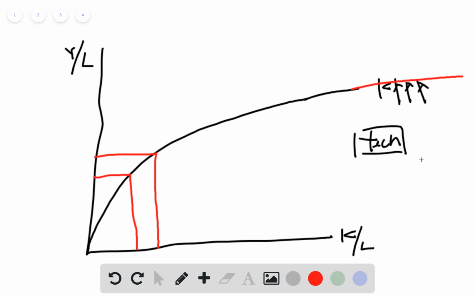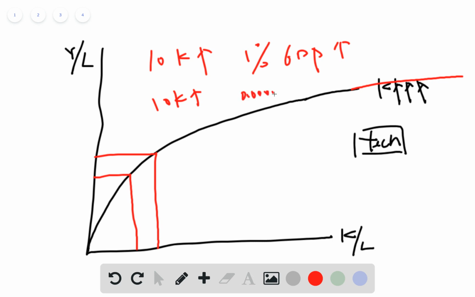That means previously, let's say, 10 units of capital growth would lead to 1% GDP growth. But now, at the very end, when it's close to infinity, 10 units of capital growth will only lead to 0.00001% GDP growth. That's coming from the diminishing returns to capital.